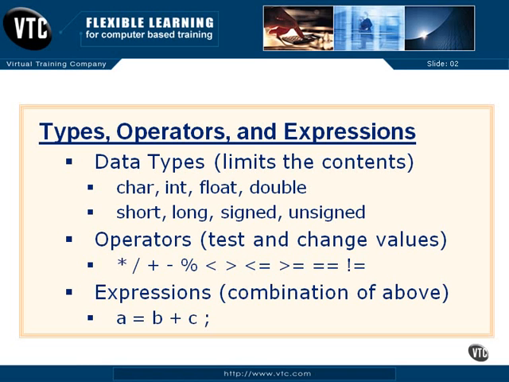Operators are used to test and change the values of variables. We have multiplication, division, addition, subtraction across here, which are standard arithmetic operators, and then we get into comparisons: less than, greater than, less than or equal. These two together make that up. Greater than or equal, this is a separate operator.